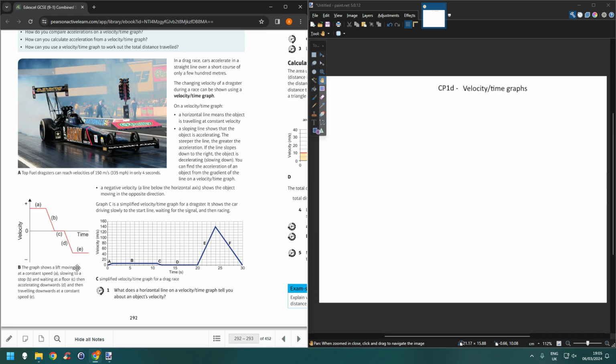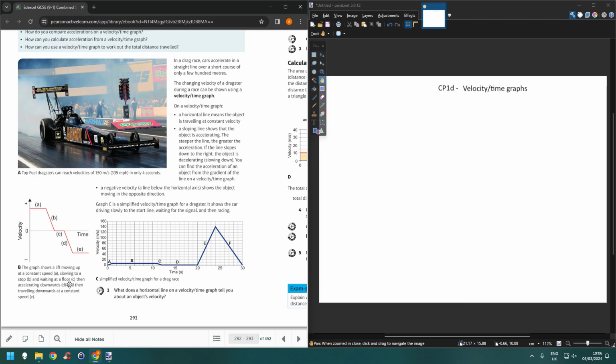Velocity can go into the negative, and if we look through here, A shows a constant speed because it's flat, and it's a constant velocity. B is slowing down to a stop at 0. C is waiting because it's staying still. Time is continuing, but velocity is not changing.